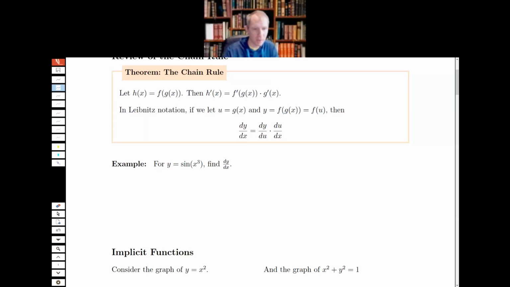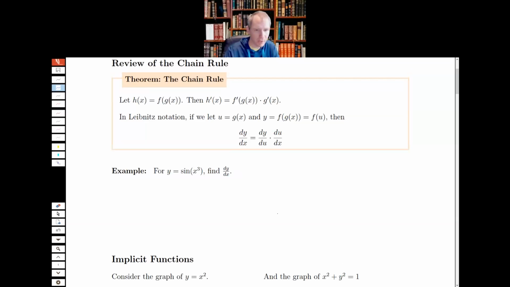So let's look at an example. Suppose y is sine of x cubed. Find the derivative dy dx. Using our regular notation, when I differentiate, I get y prime. My outside function is sine. This x cubed is the inside.